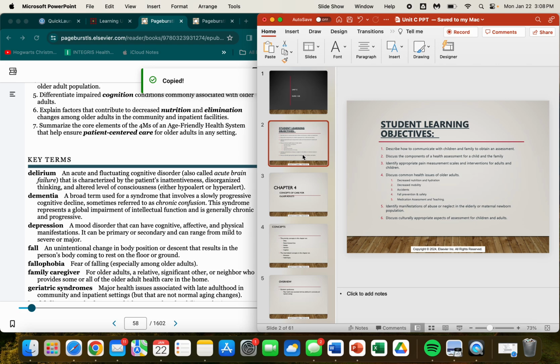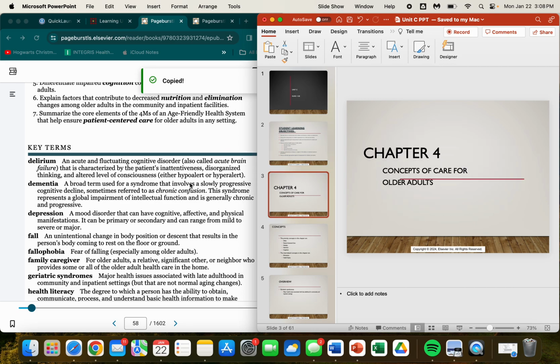Discuss the components of a health assessment for a child and the family, to identify appropriate pain measurement scales and interventions for adults and children, and then discuss common health issues of older adults, including nutrition and hydration, decreased mobility, accidents, fall prevention and safety, medication assessment and teaching, identify manifestations of abuse or neglect in the elderly or maternal newborn population, and then discuss culturally appropriate aspects of assessment for children and adults. So all of these things are the things that we're going to kind of talk about in this unit.